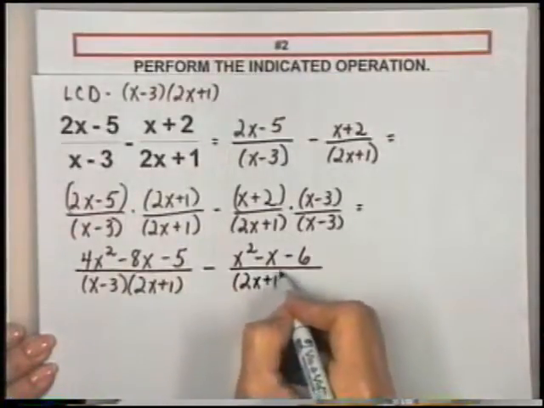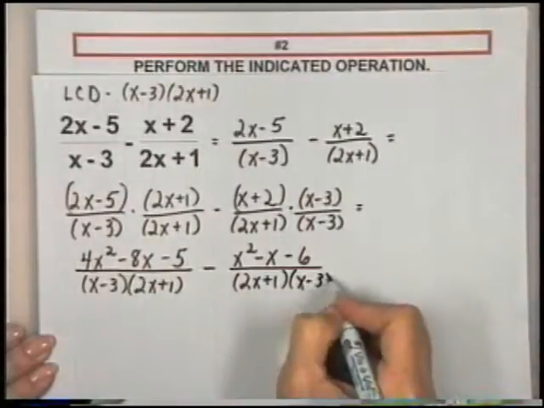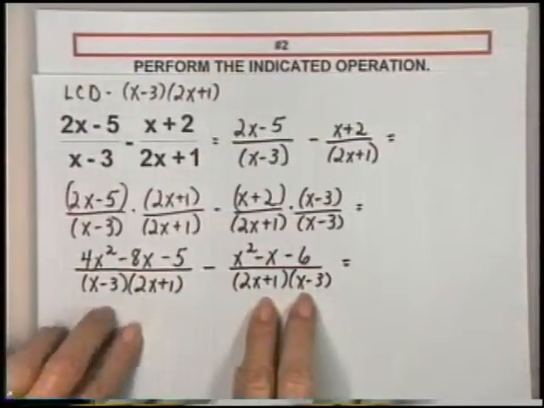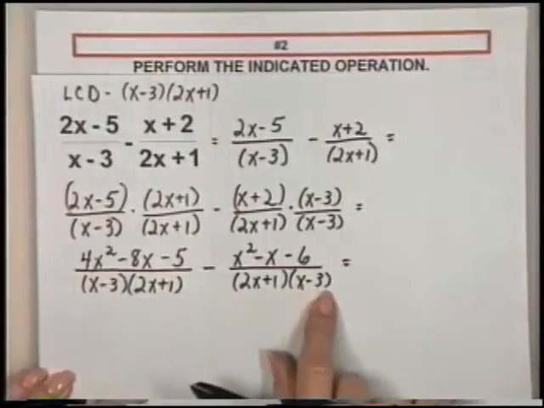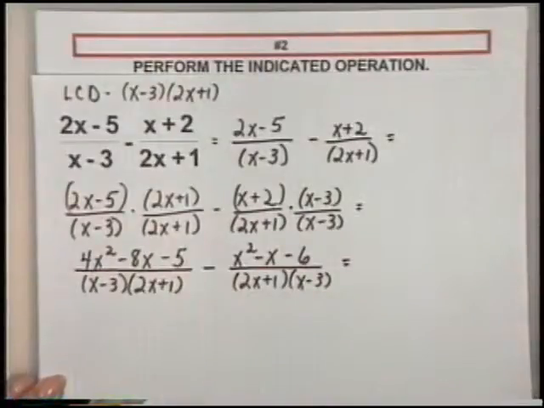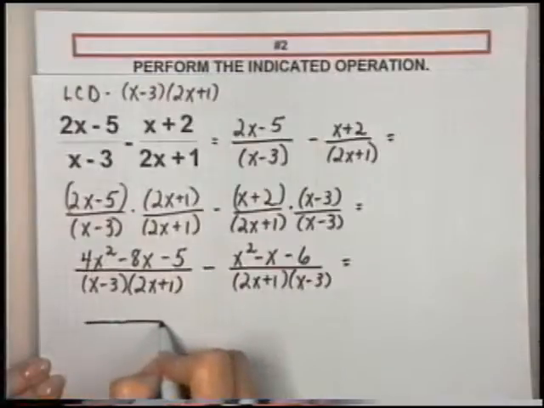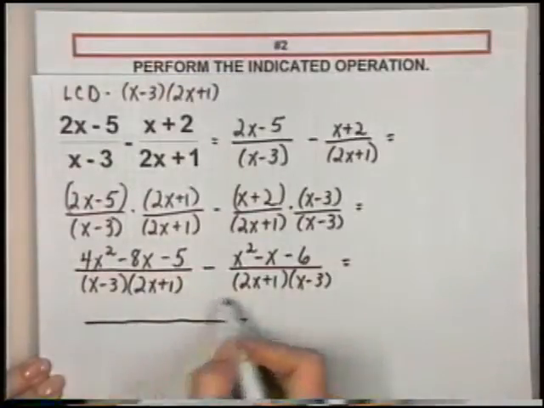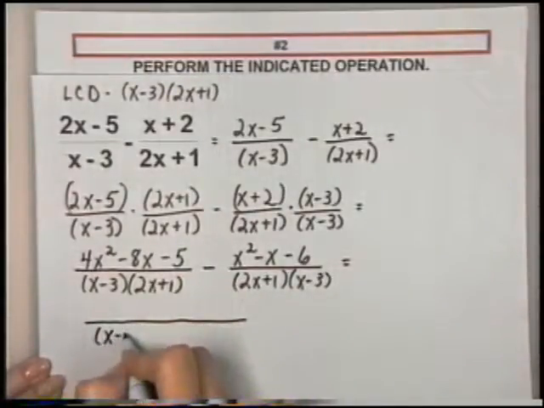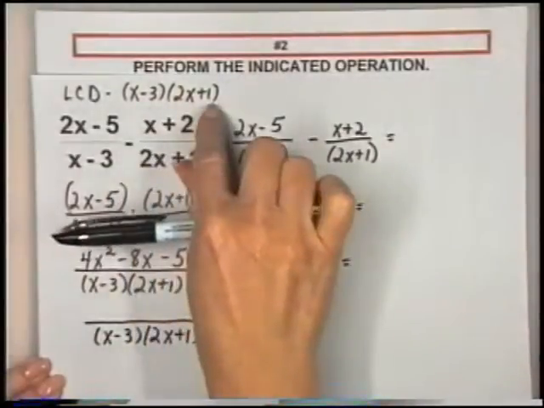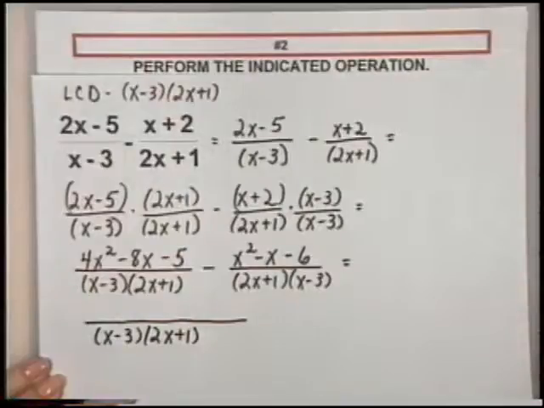Let's write my denominator in factored form. Please note, my denominators are the same. The factors are in different order, but the denominators are the same. So I may combine my numerators. I write my denominator, which of course is my LCD.